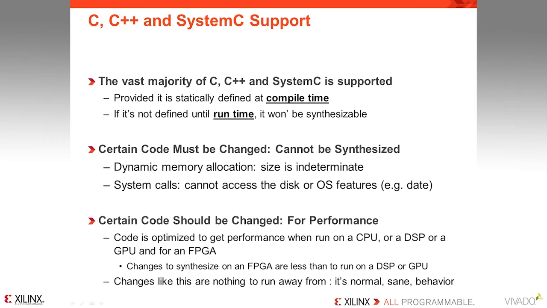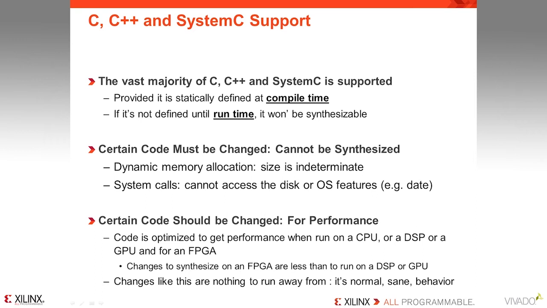The other thing that cannot be synthesized are system calls, so accesses to the disk or features of the operating system. You know, for example, to ask what is the date or what is the time, or to save things to a file. Things can be saved, and CPUs can be interrogated to find things like date, but everything has to be passed out through the I/O or the top level function arguments.